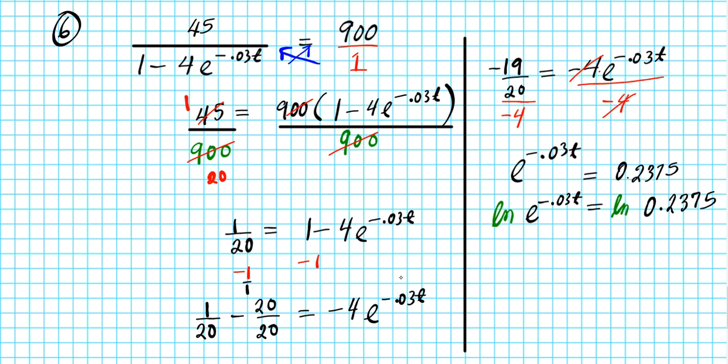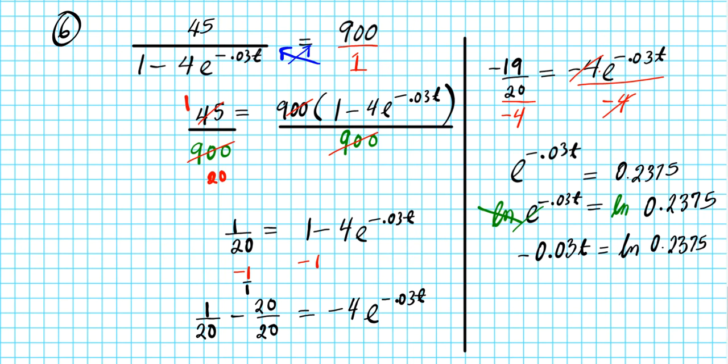On the left side, something nice happens. Natural logarithm is log base e, and the base of this exponential term matches the base of this logarithmic function, so they cancel out. On the left side, we have negative 0.03t equals the natural logarithm of 0.2375.